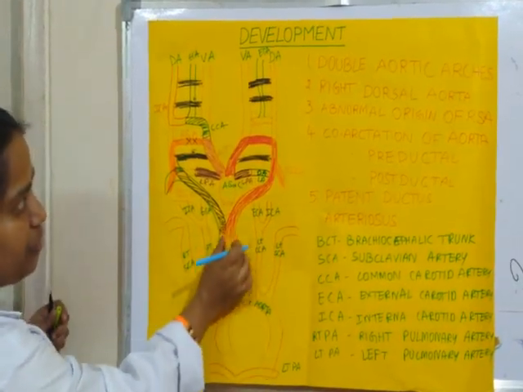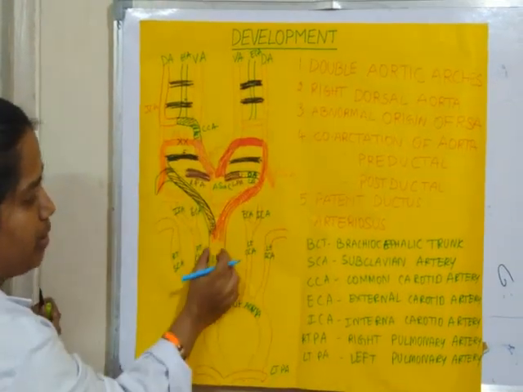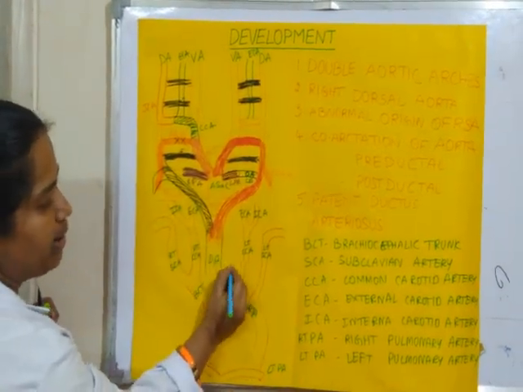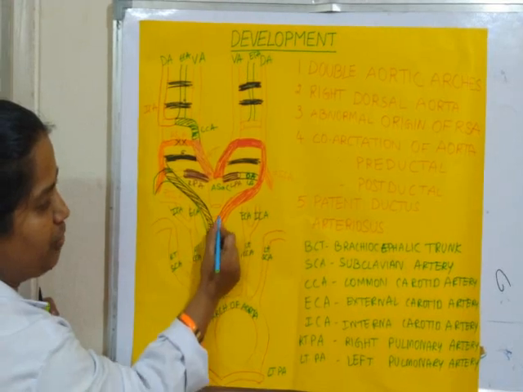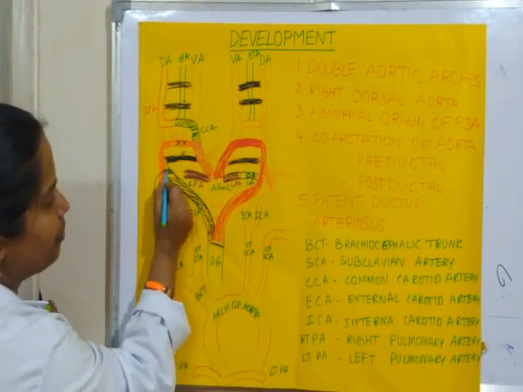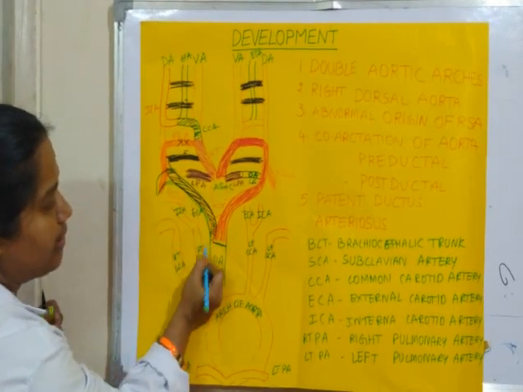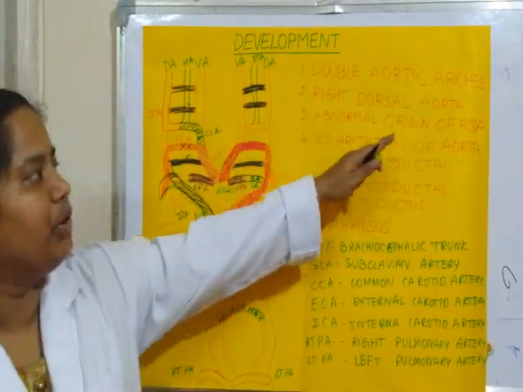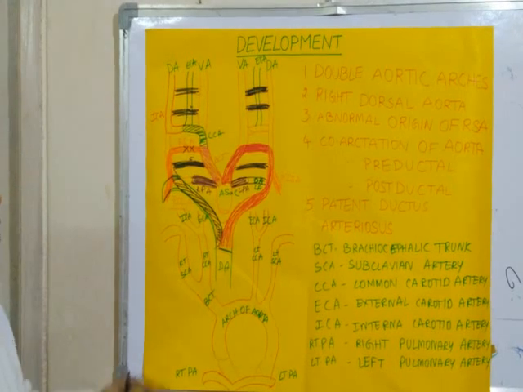In the midline, after fusion of both dorsal aortas, it forms the descending aorta. So this is abnormal origin of right subclavian artery.